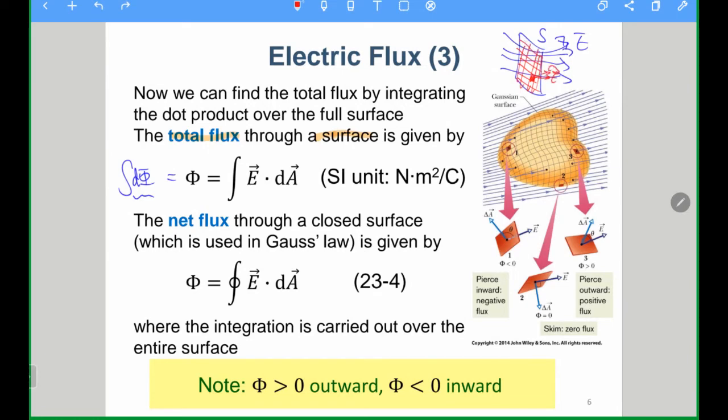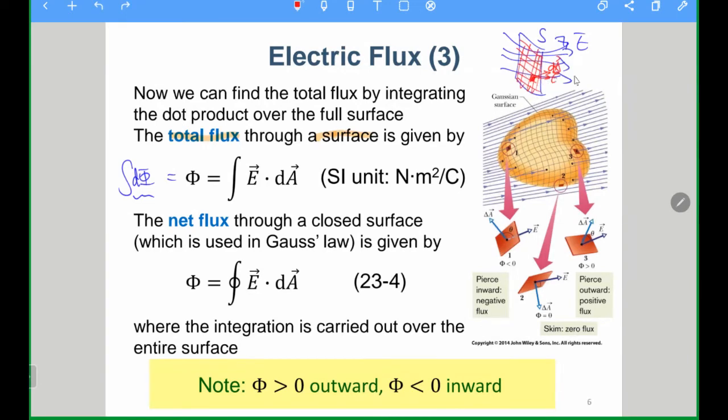Of course, for the same surface, you need to have a unified direction, not necessarily pointing the same direction, but at least all the dA point to the right side, or all the dA point to the left side. You cannot have some dA point to the left side and some point to the right side. It's not okay.